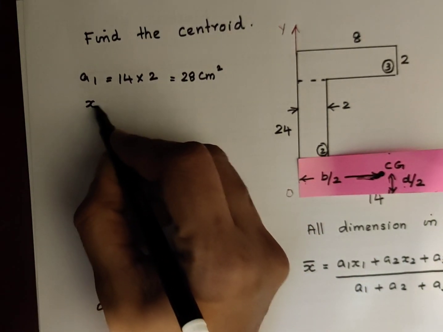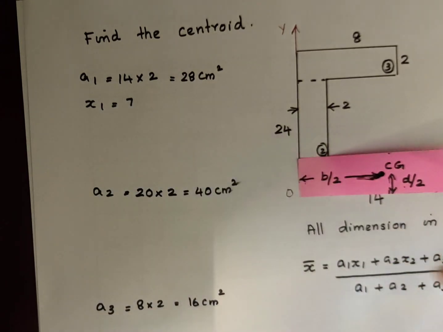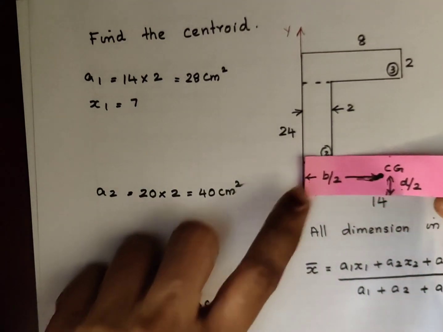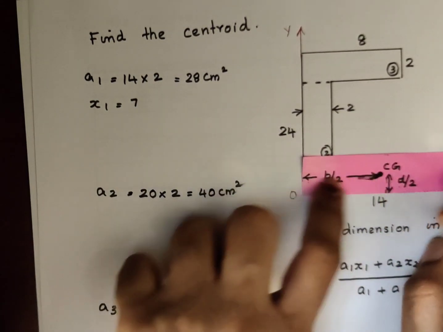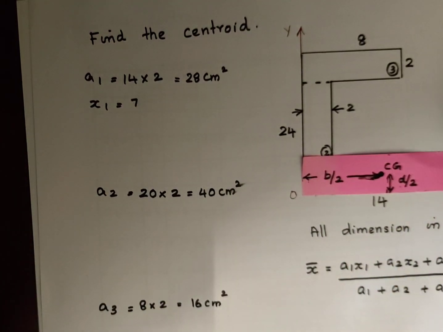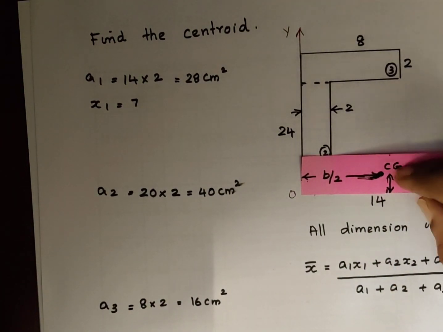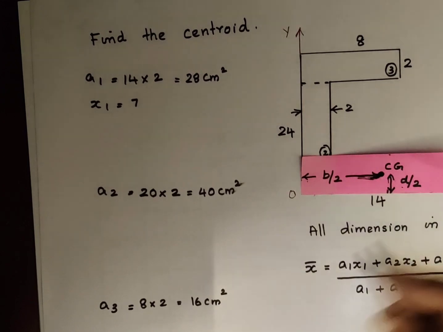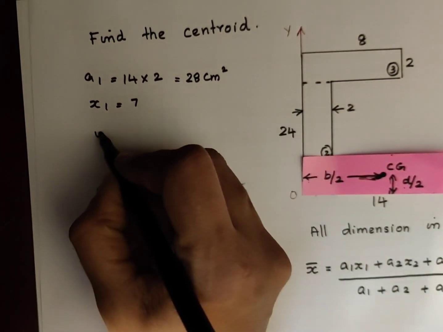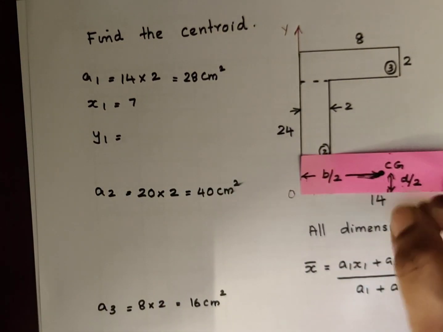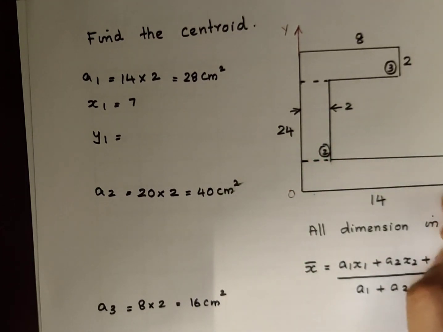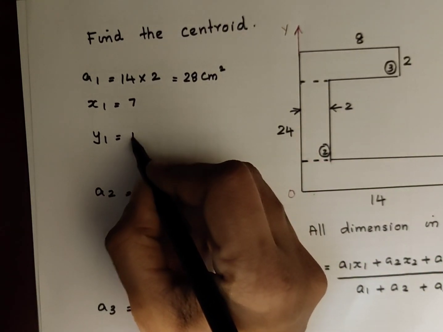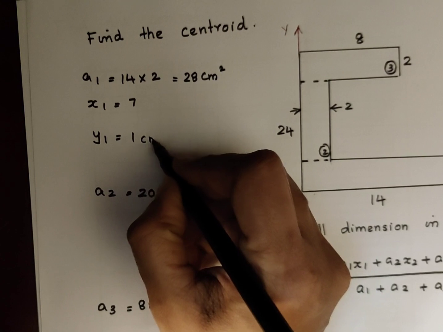So x1 is equal to 7. And this depth, that is y1, is measured from the reference axis OX to the centroid. So this is equal to d by 2. y1 is equal to, total depth is 2, 2 by 2, that is 1, and the unit is centimeter.